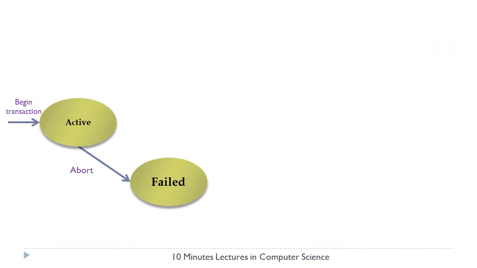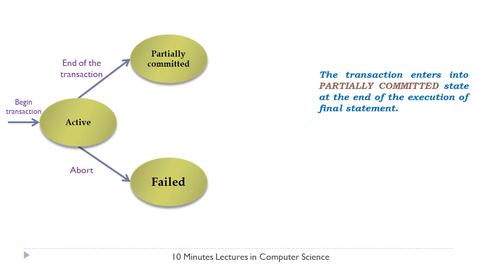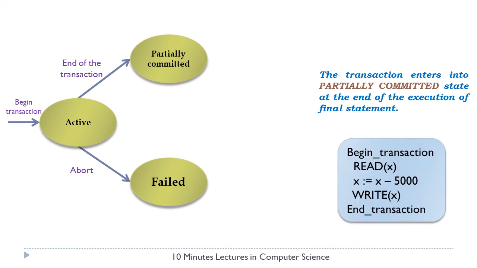A transaction may go from active state to partially committed state if it reaches the end of the transaction. That is, it completes all the execution of the transaction and it reaches end transaction.